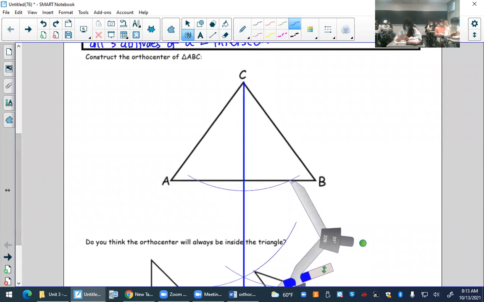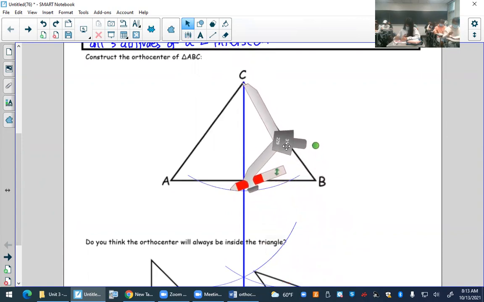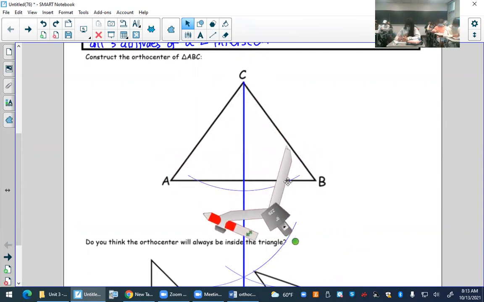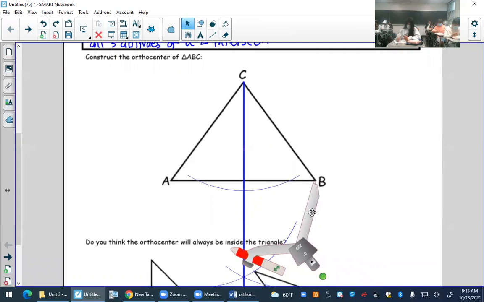I'm going to change the color. So the altitude to side AC.